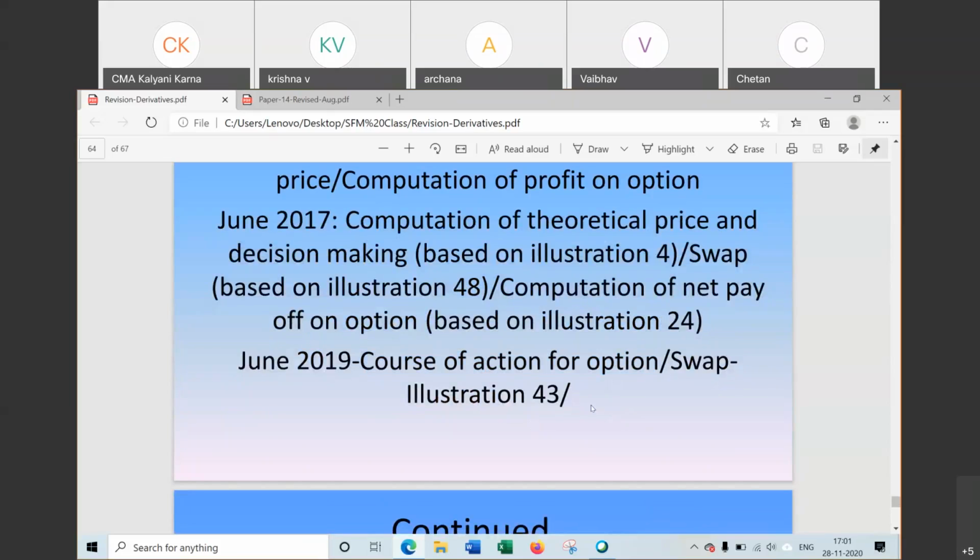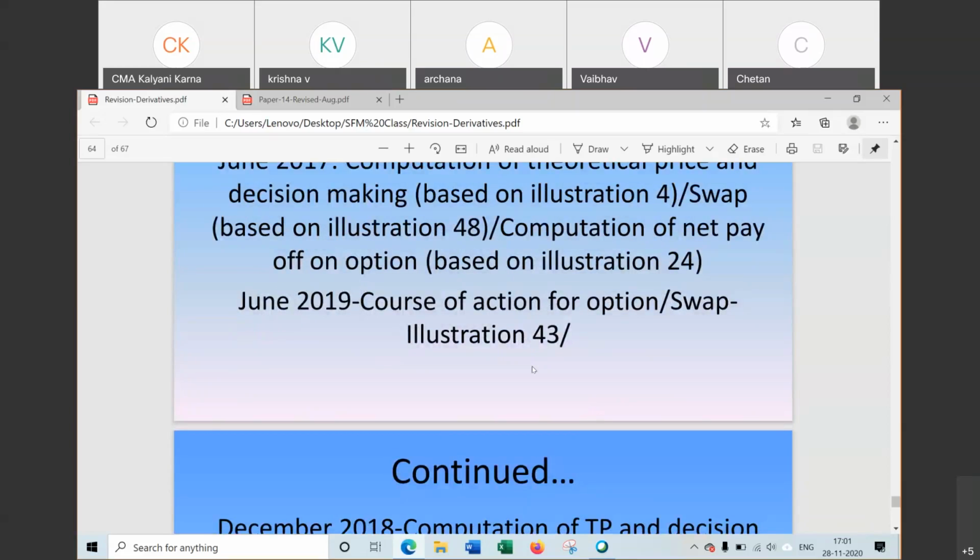That what will be the in money out money situation for the option. Swap question, illustration 43, based on illustration 43. 60-40 का जो रेशियो दिया है क्वेश्चन में, that type of question, computation of effective rate for both parties in swap deal when banker charge is given, that is illustration 43.